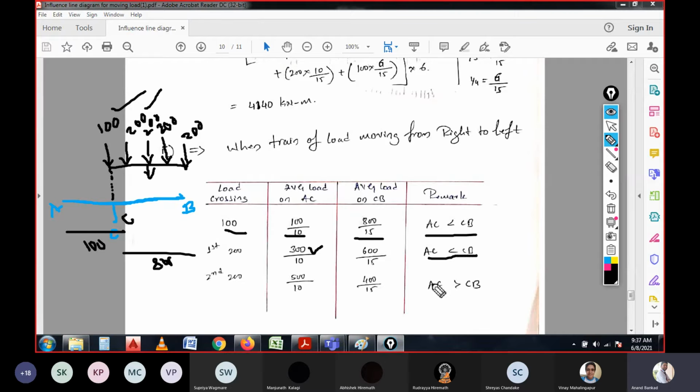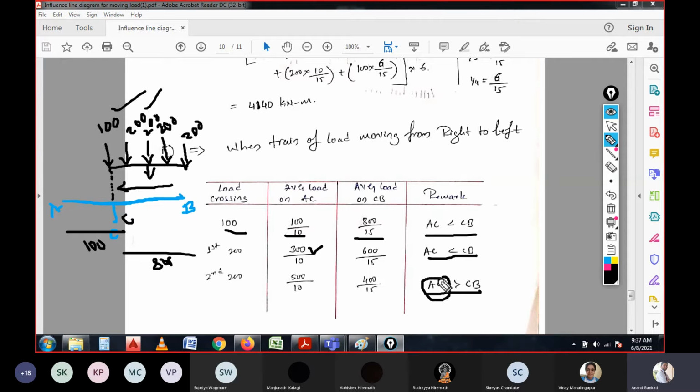When you consider the average loads, the AC will be having more average than CB. That means, when the series of loads are moving in the forward direction, the section in front of the load should be having the maximum average load. That is the case we need to have over here.